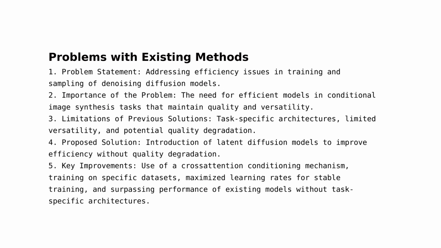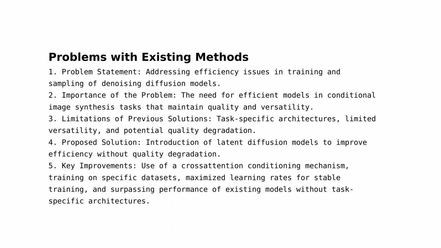Problem settings with existing methods. The authors are addressing the issue of efficiency in training and sampling of denoising diffusion models. This problem is significant as it impacts the quality and versatility of models used in the field of conditional image synthesis. Previously, these models may not have been as efficient, requiring task-specific architectures and potentially degrading in quality over time.